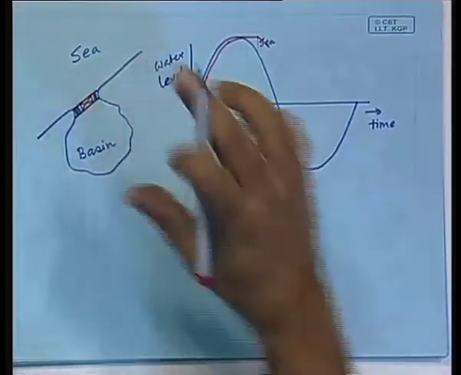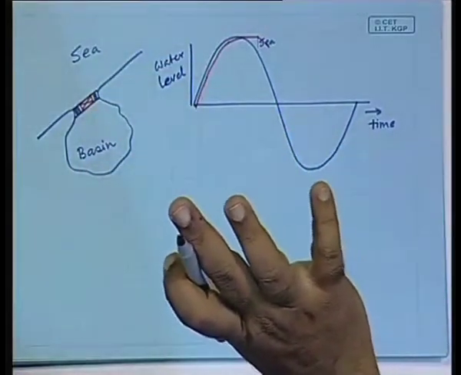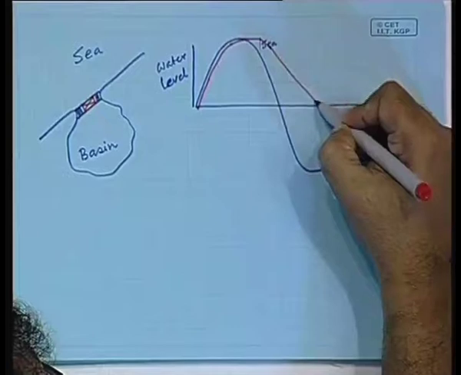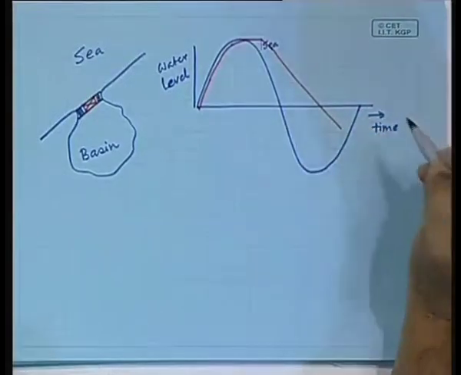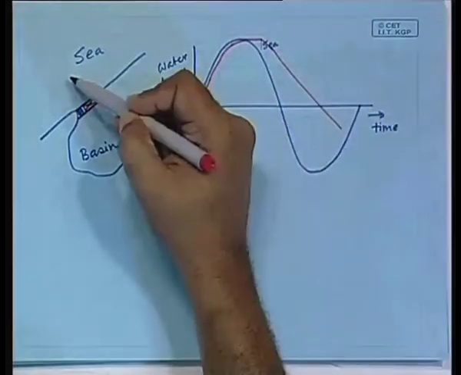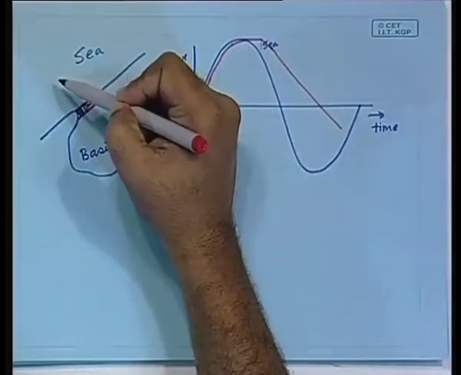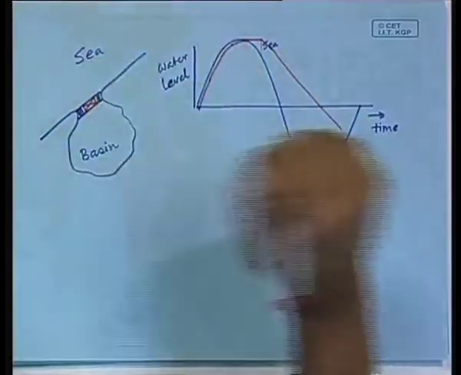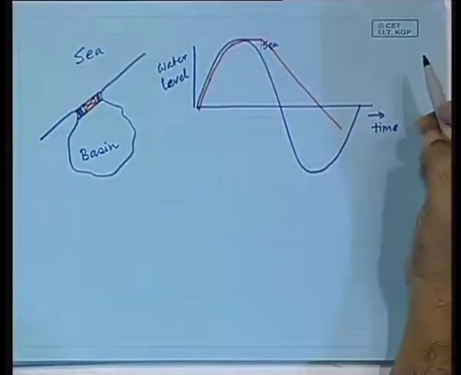So, they follow each other, but with a difference, because in order to produce electricity you have to have a certain head. It is not like opening a sluice gate. So, you have something like this. Why is this falling? Because water is emptying through the turbine, and this is falling because of the natural tidal variation.